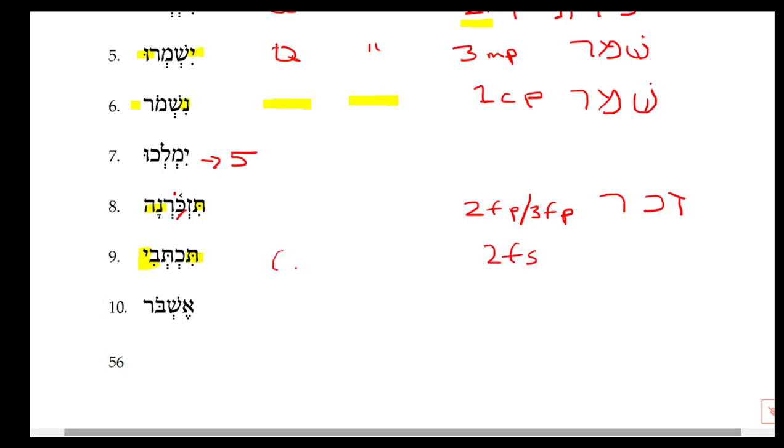Again, I'm not writing those out, but if we were going to write them out, Qal imperfect, second feminine singular, and our root is kaf tav bet, katav, to write. So second feminine singular, you feminine will write.